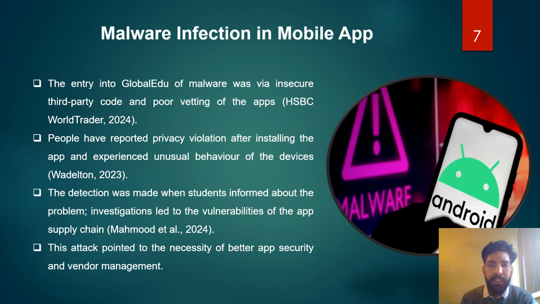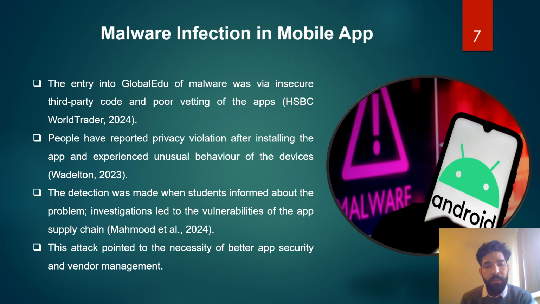And the next slide is about the malware infection in the mobile app. Malware is malicious software that can steal data or harm devices. At Global EDU, malware entered through insecure third-party code in their mobile app. Users noticed privacy problems and strange behavior on their phones after installation.